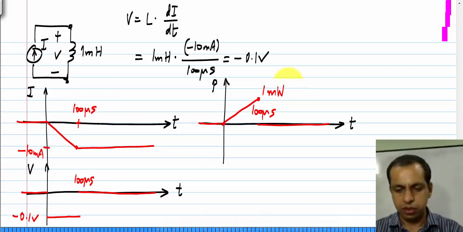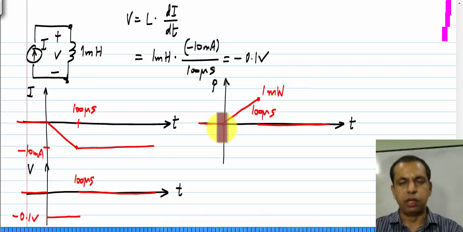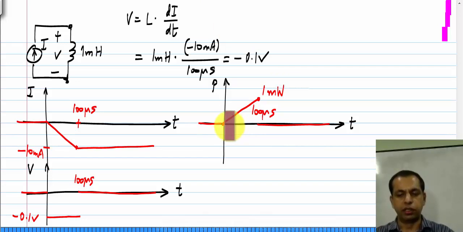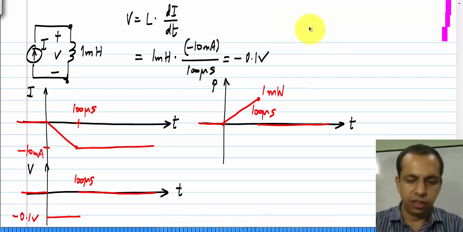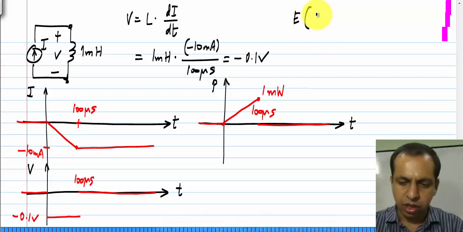Okay. Now, as usual, if you want to calculate the energy, you can integrate the power over time over whatever interval you want. But of course, we know that there is an easier way to do it. So, let us say we consider the energy in the inductor at t equals 100 microseconds.